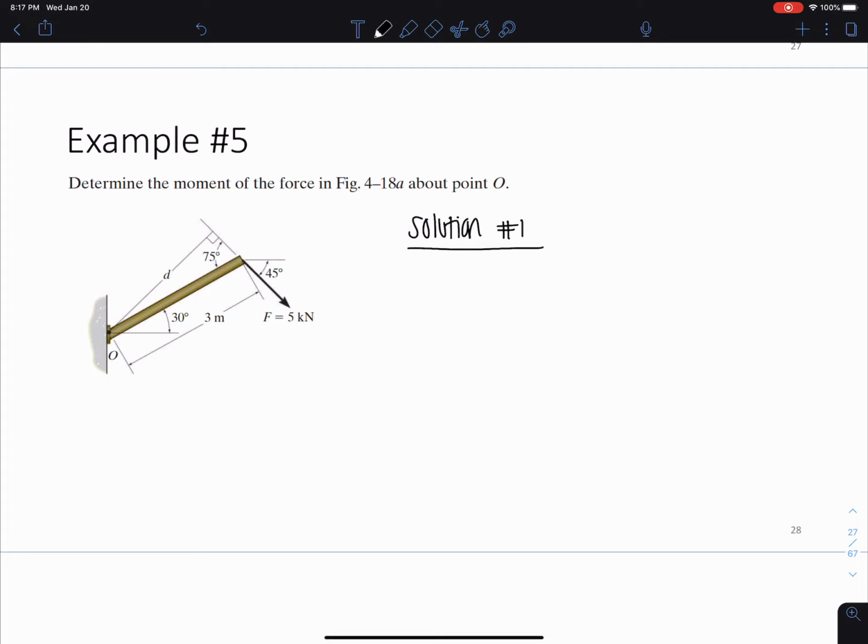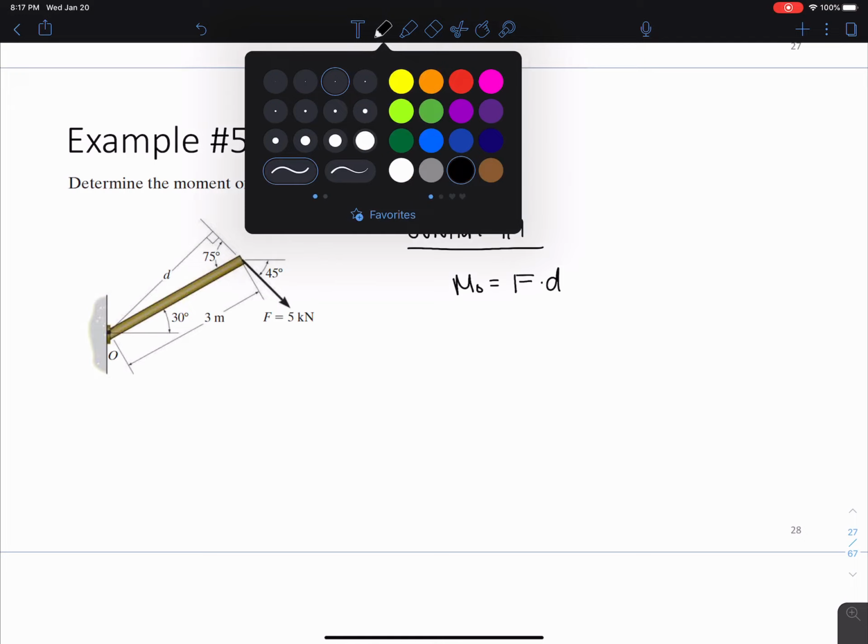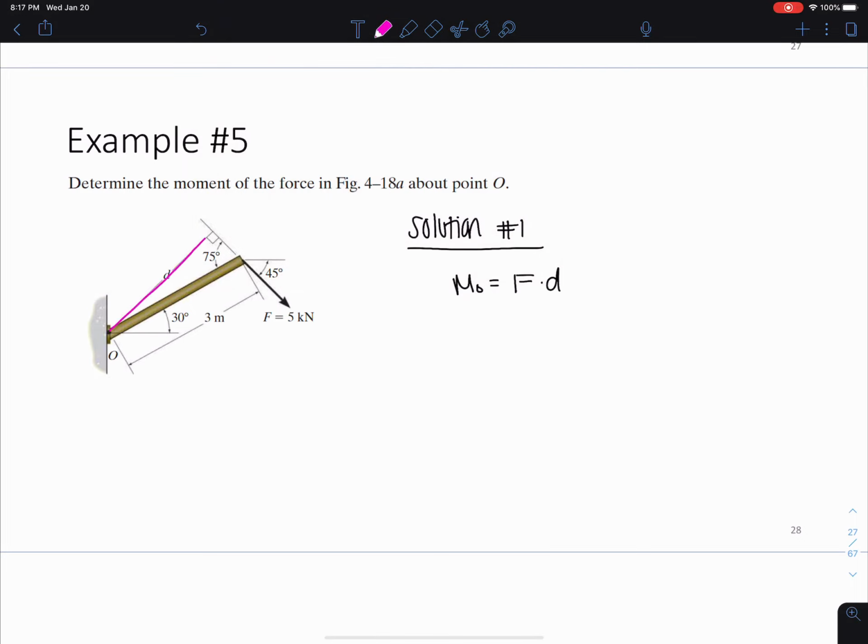And what I'm going to do here is I'm just going to find the moment arm using trigonometry here, and just go ahead and say MO is equal to force times distance. Okay, so from trigonometry we can see my moment arm here to this force, this is the perpendicular distance from the line of action of F to O, here d is just equal to 3 sine 75, right? That's the angle it makes there.